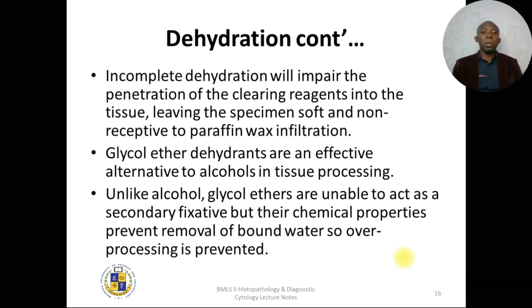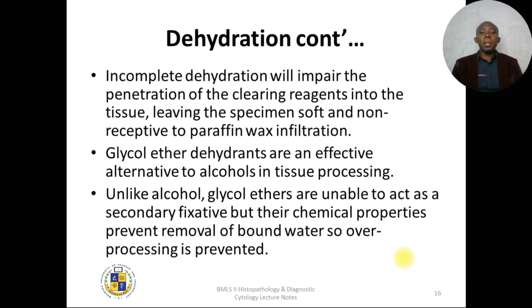Dehydration also has its shortcomings, because when we do an incomplete dehydration, this will impair the penetration of the clearing agent into the tissue, and this will leave the specimen soft and non-receptive to paraffin wax infiltration, and this will not be good. So we must ensure that dehydration is complete, so that we can get good sections at the end.